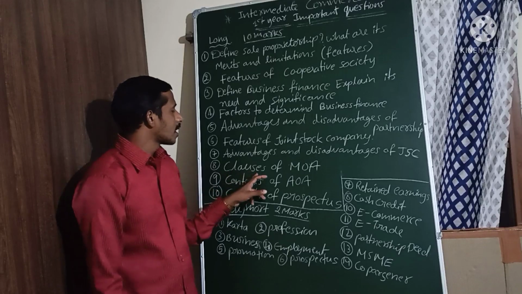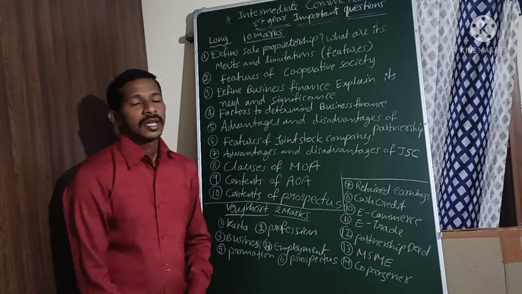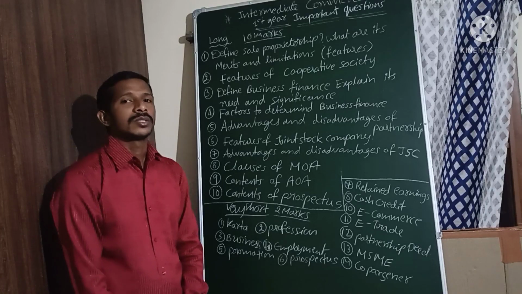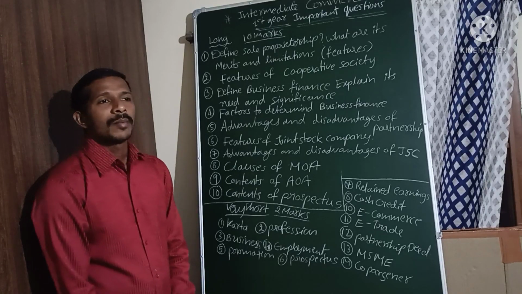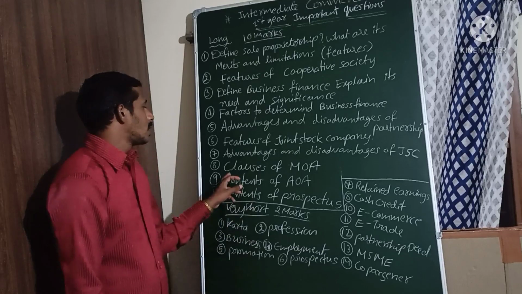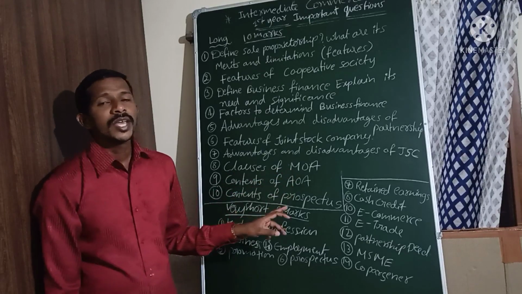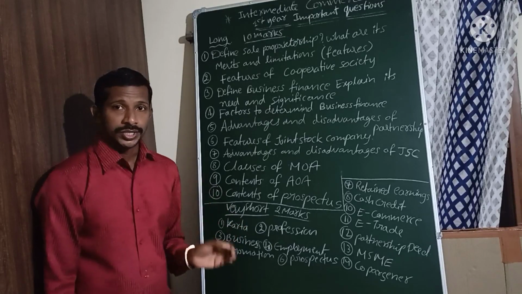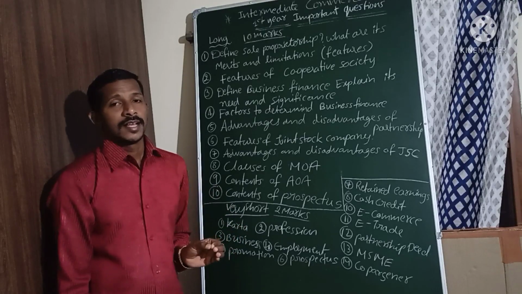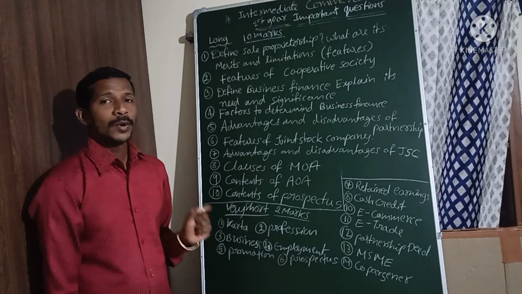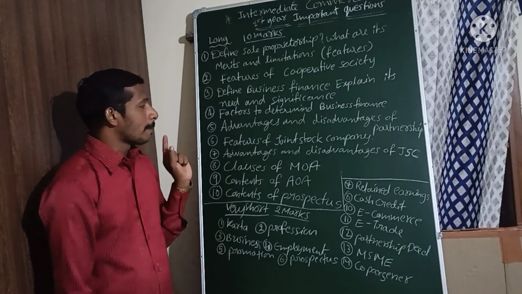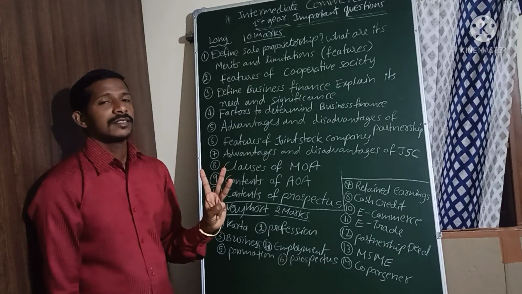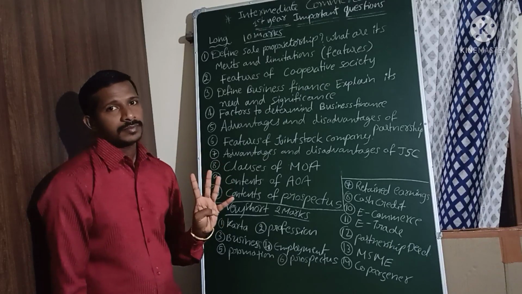Next, eighth one, clauses of MOA. Clauses of Memorandum of Association. MOA stands for Memorandum of Association. A MOA is an external document. See, at company registration time, we need to prepare important documents: Memorandum of Association, Articles of Association, Prospectus and Agreements.